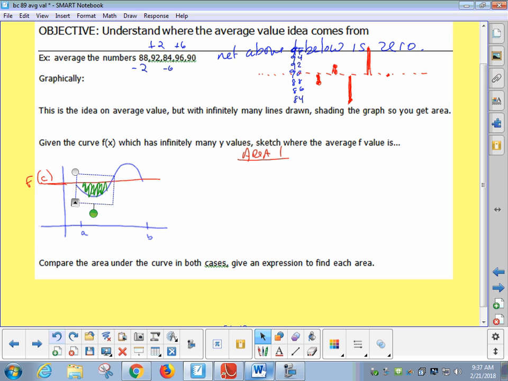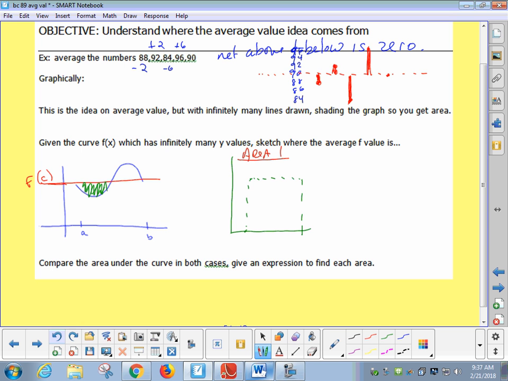Okay, now that area then would look something like if I took that flat top, then this piece would be filled, so it would look like a rectangle, right? Rectangle. Chop above, fill below.